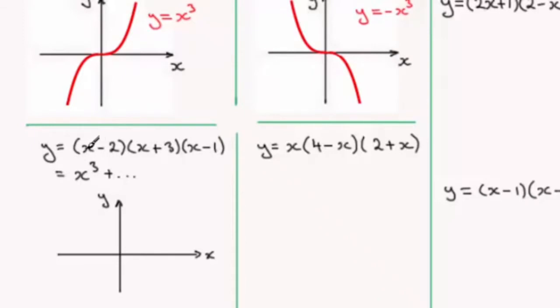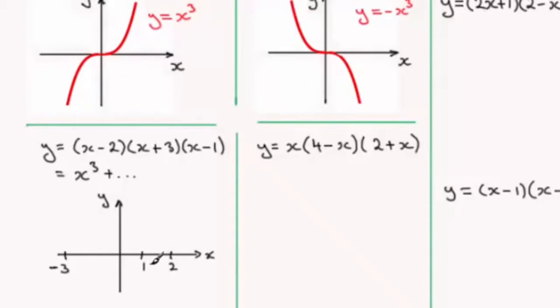If x minus 2 equals 0, x would have to equal 2, so it would cross the x-axis at 2 here. If x plus 3 was 0, then x would be minus 3, so it would cross down here at minus 3. And for the last factor, x minus 1, if that was 0, x would equal 1, so it would cross here at x equals 1.